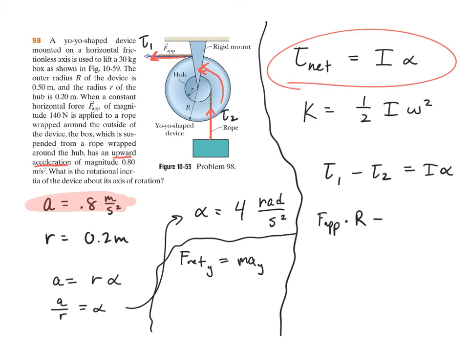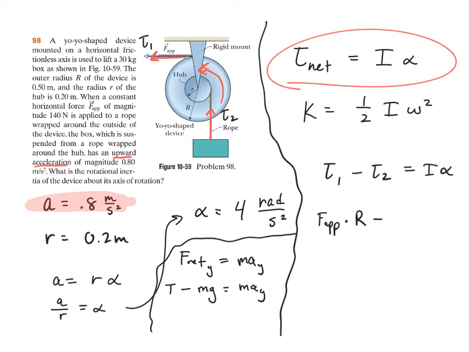So if we're looking for this overall force, we have to recognize that this object wants to fall down, right? It wants to fall down. So the tension in the rope is going to pull back up here. So in this case, we've got tension minus the force pulling down, which is mg, and that's going to equal m a_y.